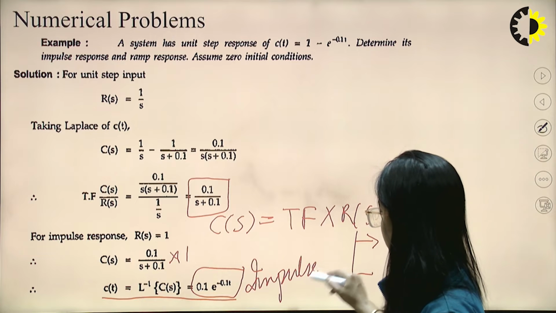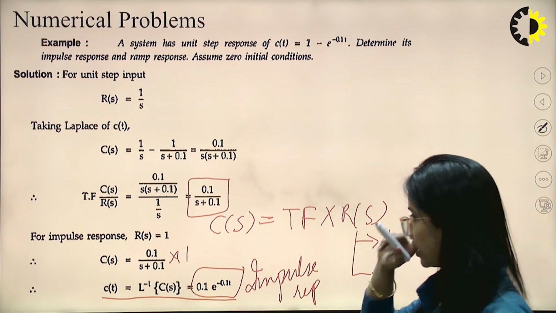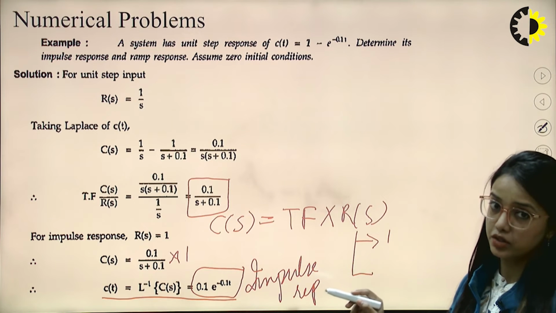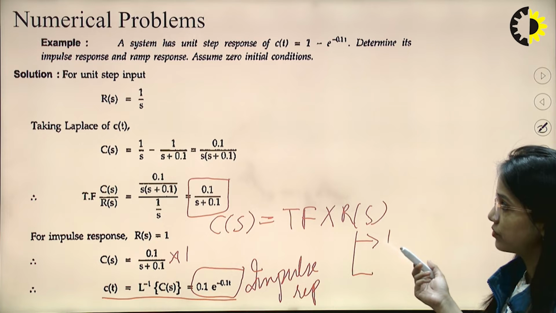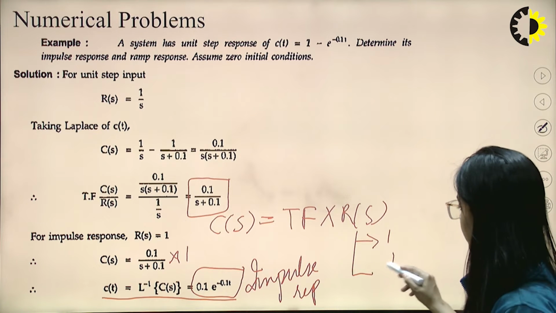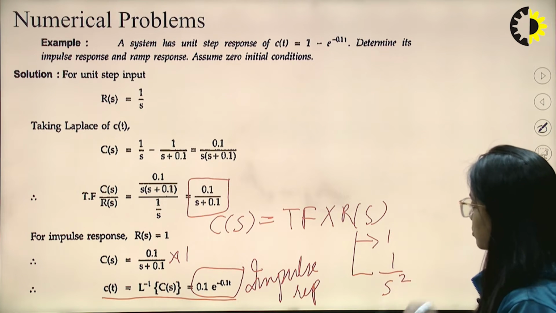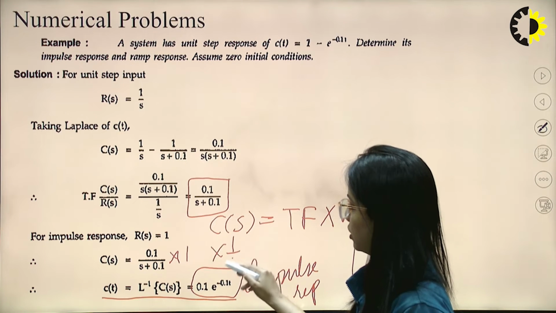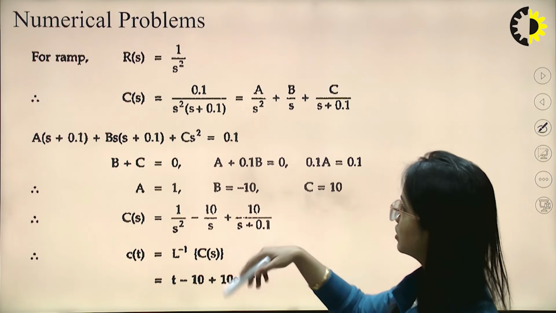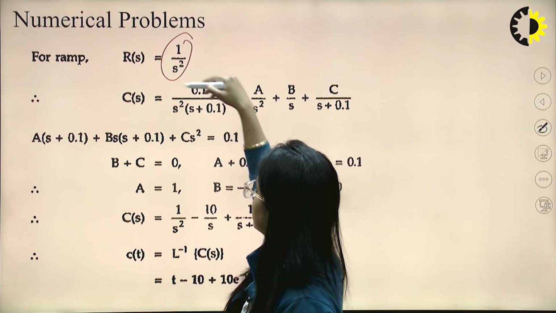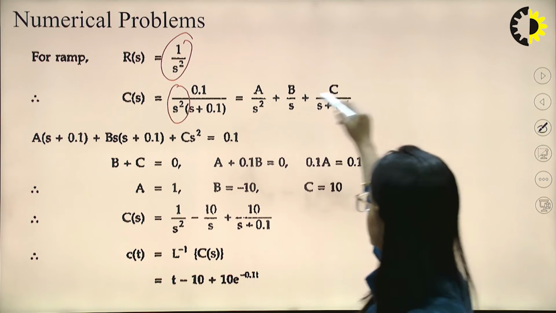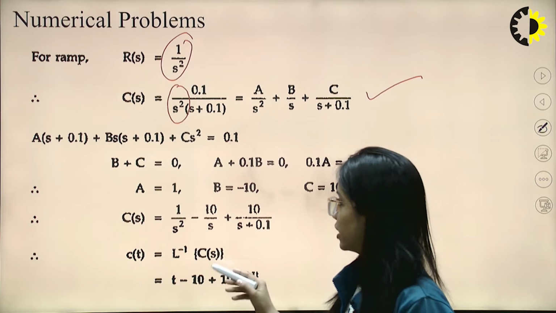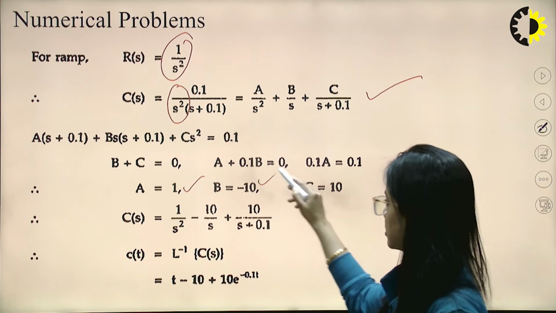In case 2, we have to multiply it with ramp input. Ramp input is nothing but t, so in the s-domain we multiply by 1 upon s square. We can find the values of a, b and c using partial fractions, and a is 1, b is minus 10, c is 10.